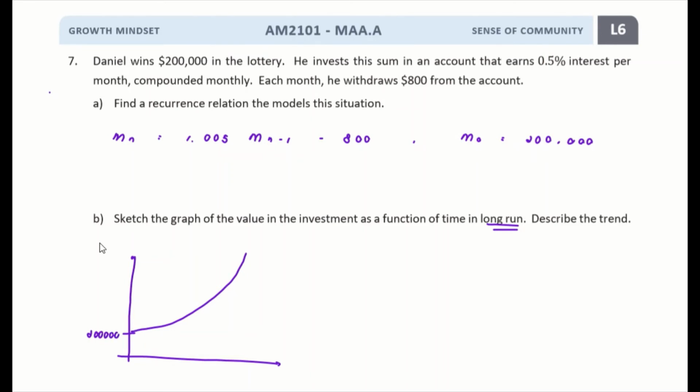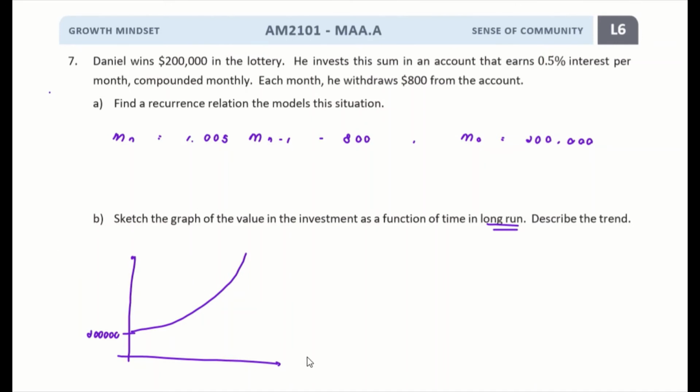This is like the number of months maybe. So we can try to put months as a function of time. So during the 0 month, initially you have 200,000. Then after that, oops, sorry, my fault.